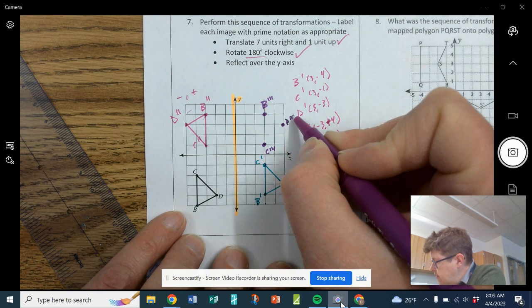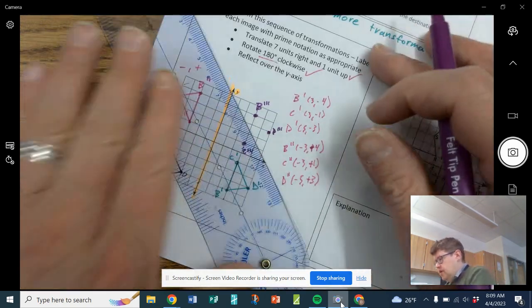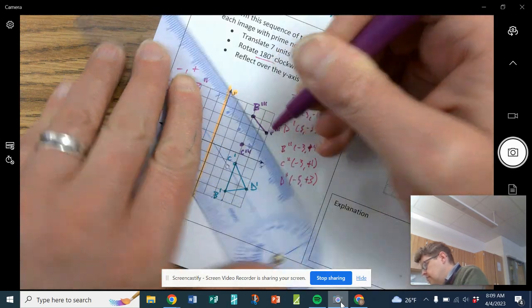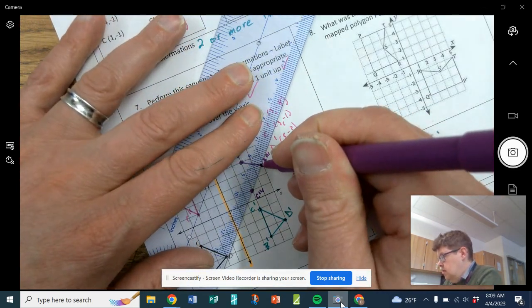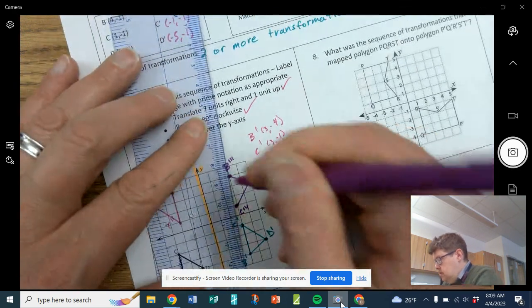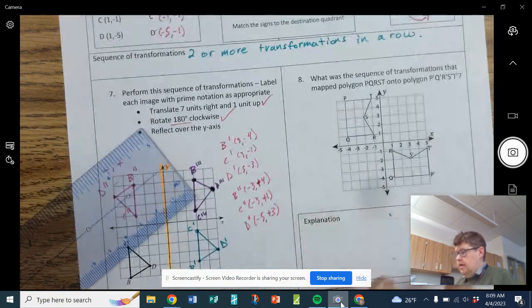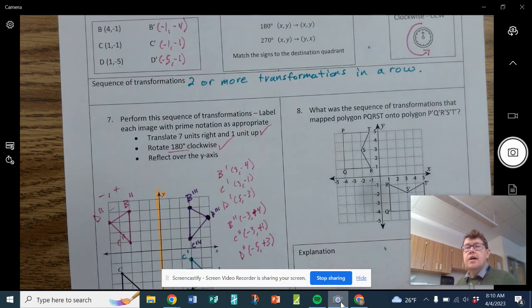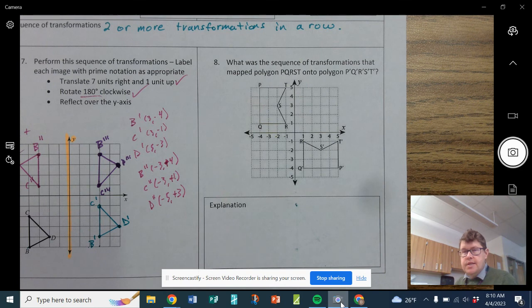So I count 5 on the other side right there for D triple prime. And that's that. I've performed 3 transformations and moved my shape around a lot. There you go. Okay. So this last one, we have a sequence of transformations that has happened.